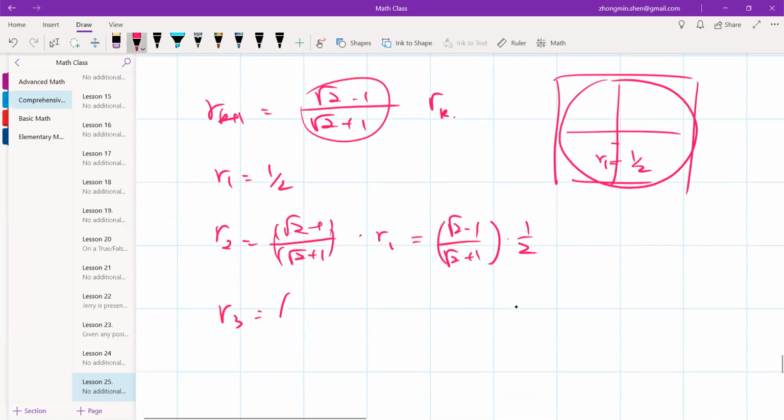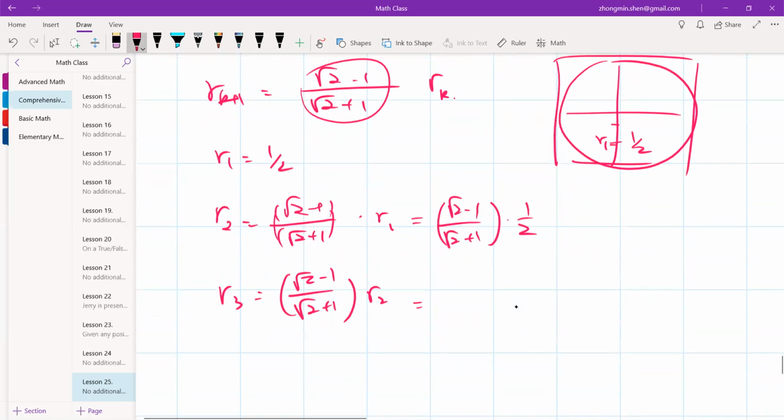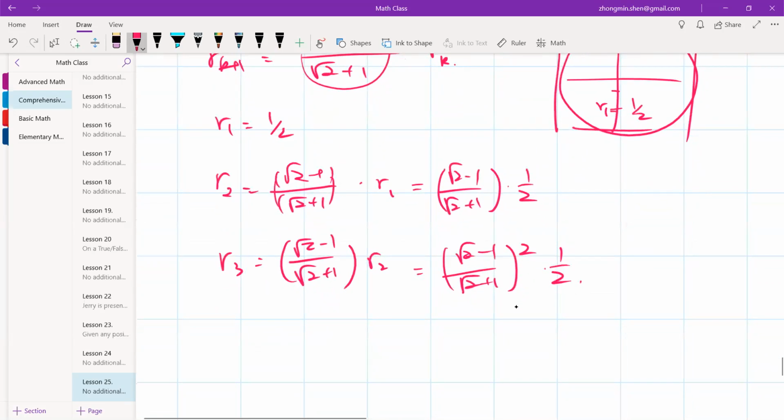Then R_3 equals, because R_2 equals that. So you can figure out the general formula, honestly. So R_n is going to be the ratio to the power n minus 1, times 1/2.